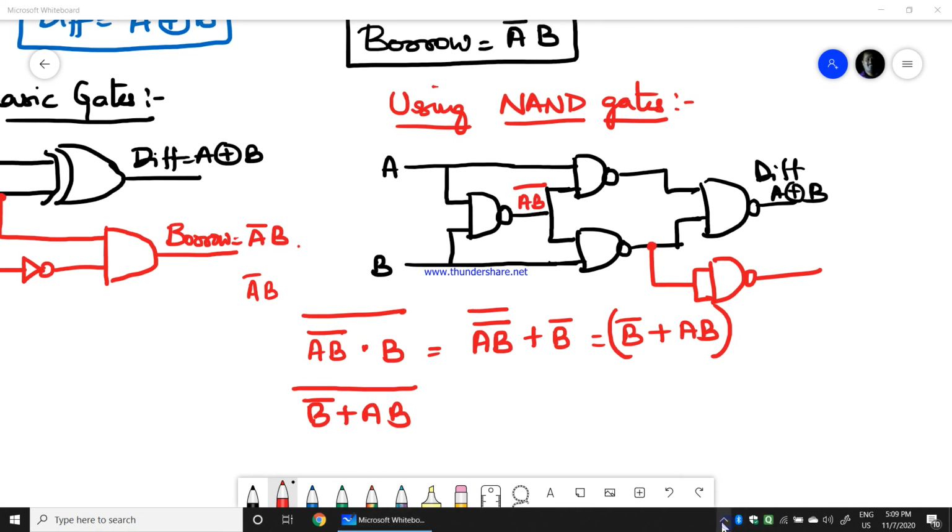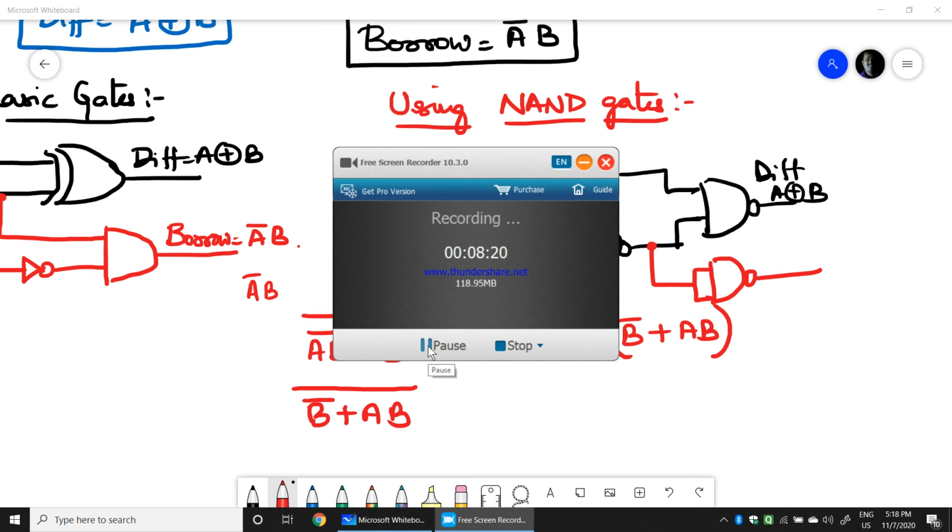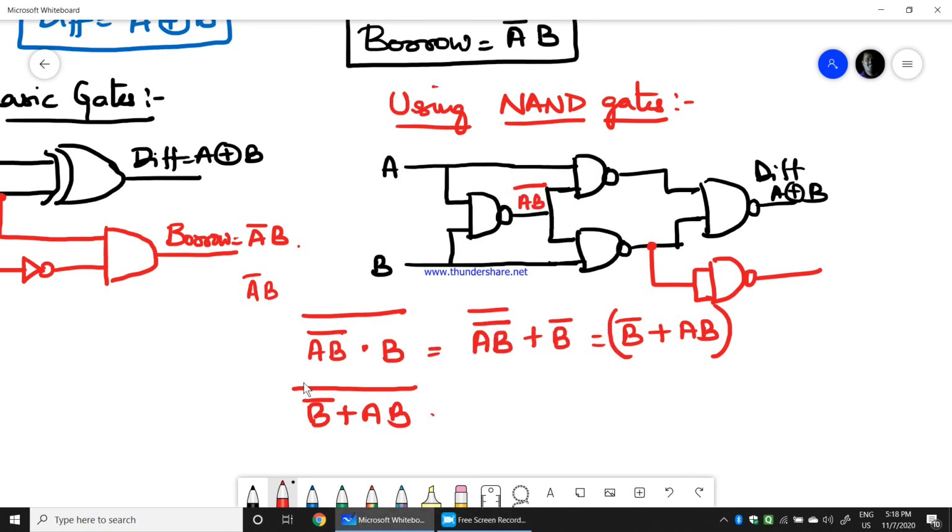Here B bar plus AB the whole bar will be equal to B bar the whole bar ANDed with AB the whole bar.